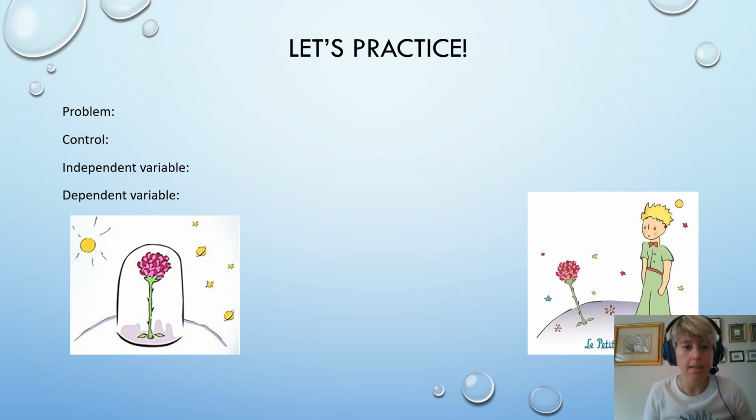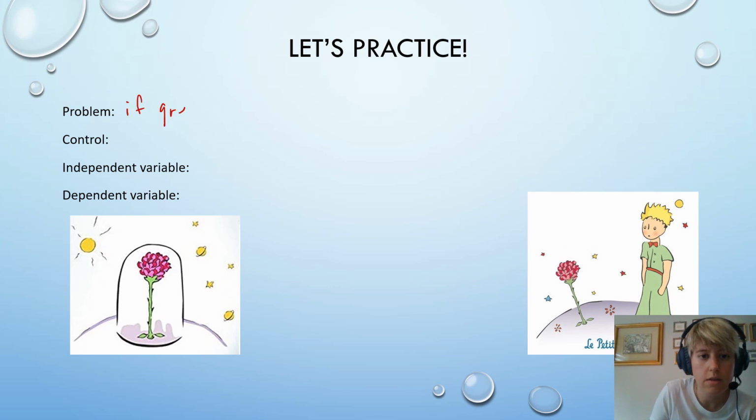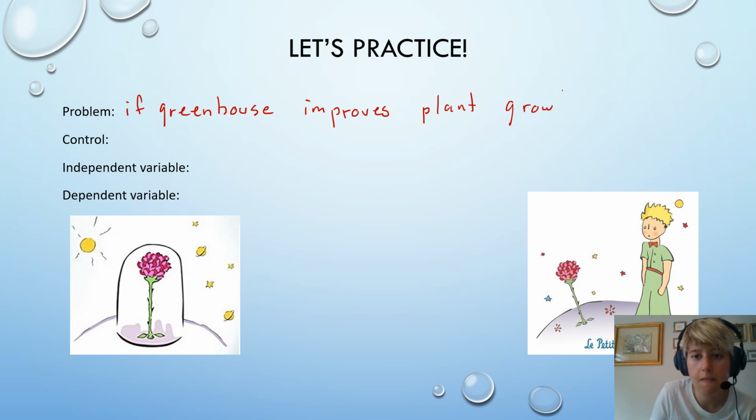So if we're looking at this right here, our problem is basically to see if greenhouses improve the plant's growth. Now, if we're looking at our control, well, we have basically the same type of rows.